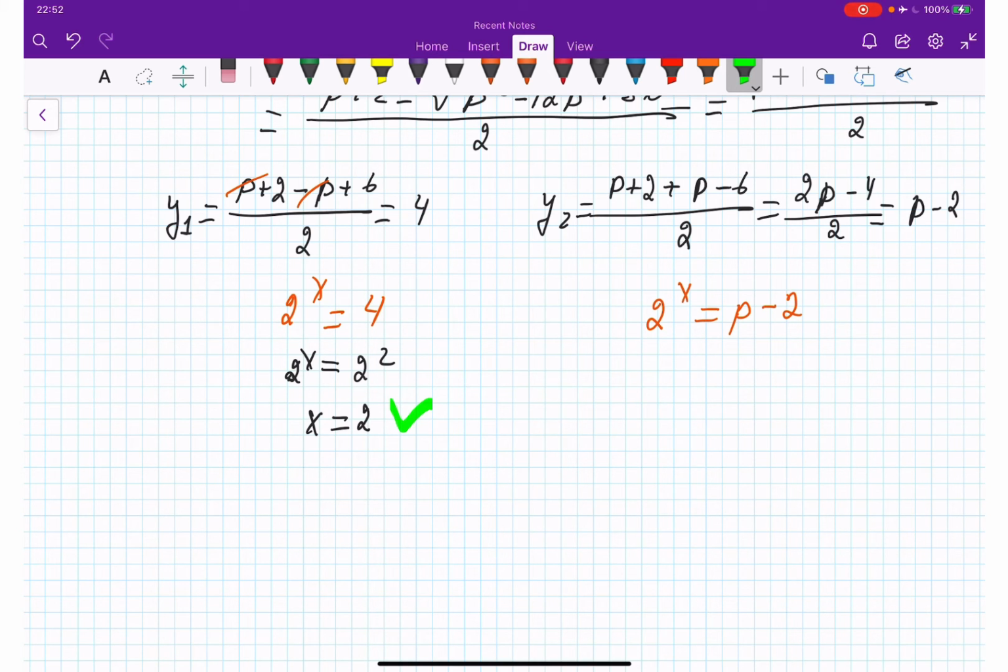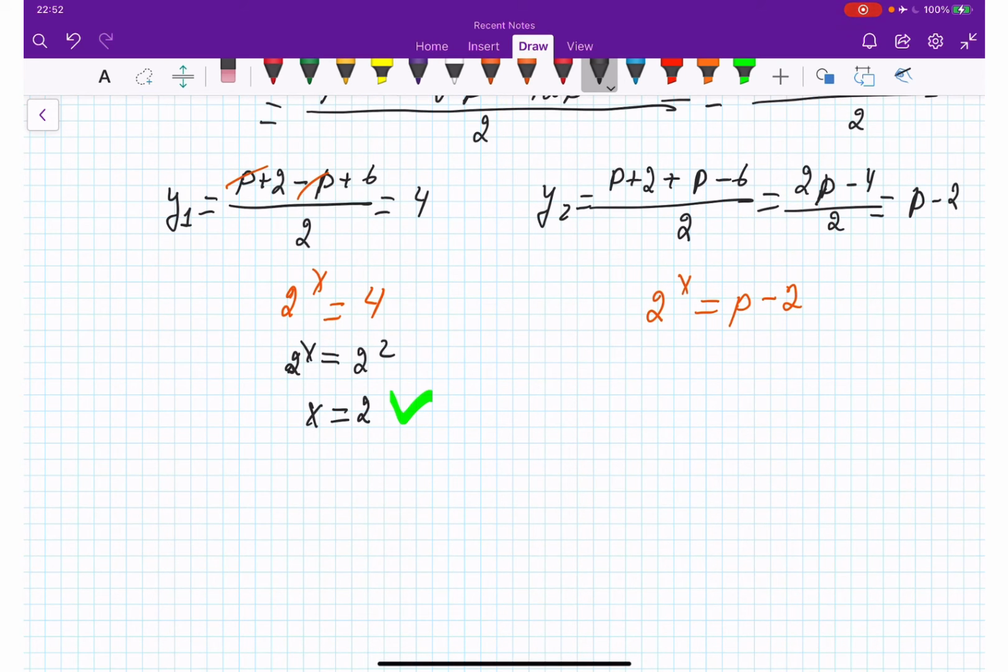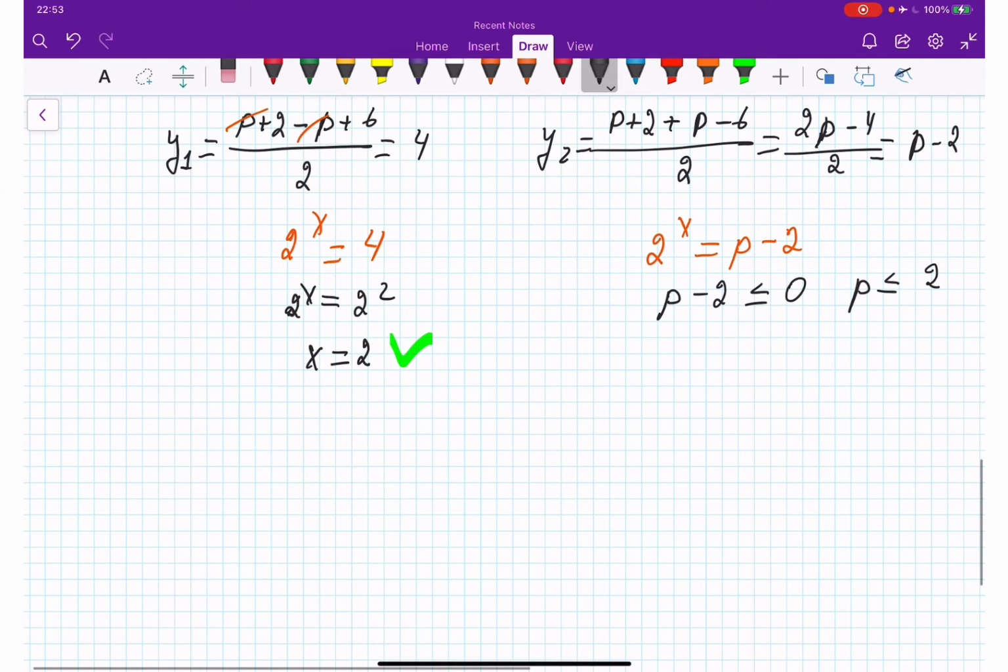In this case, we are going to write down that in a case if p minus 2 is less or equal 0, then p is less or equal to. Okay, so at the value of parameter p less or equal to, this equation will have only one solution, and that solution is going to be x is equal to.